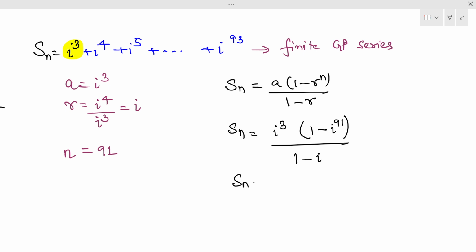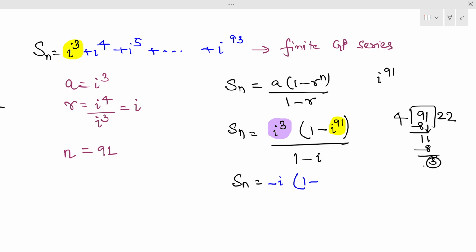Now what is i³? i³ means -i, so -i(1 - i⁹¹). Let's solve this. How to solve is that we divide the power by 4, right? So the remainder is 3, so it will be i³ by 1 - i.